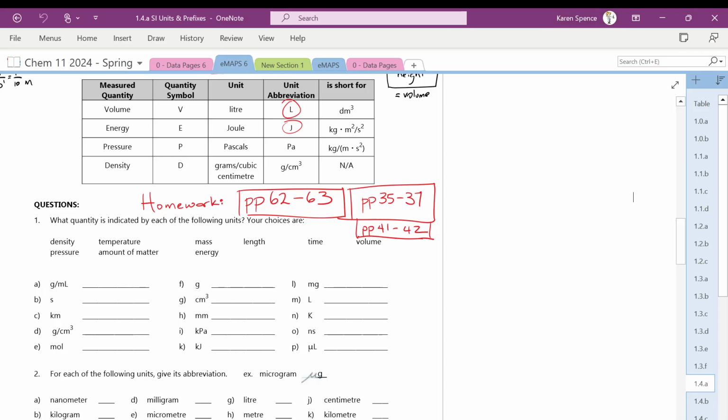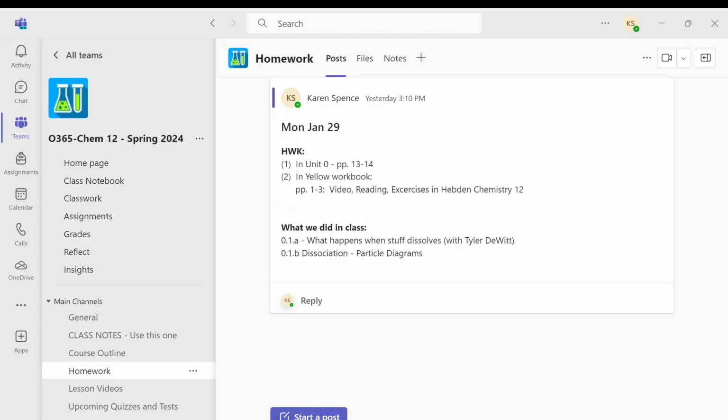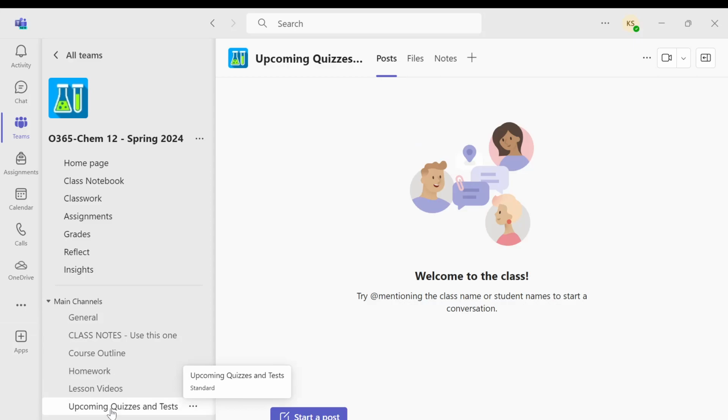Now, we have, I don't know if you got notifications about this, but on our team, in the upcoming quizzes and tests, it's going to be a little bit dark. There we go. Oh, that's Chem 12. That's why it has nothing. You guys are Chem 11.